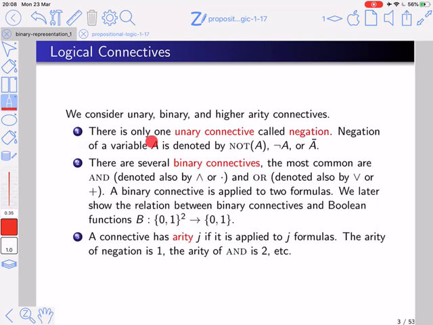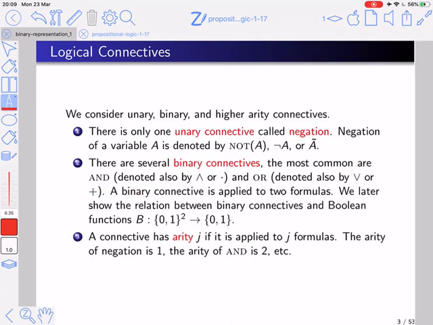Negation of a variable is denoted by not a, this strange symbol before the a, or bar a, over bar a. There are several types of binary connectives, which we also denote by this upside down V or a dot, or also denoted by a V or a plus.